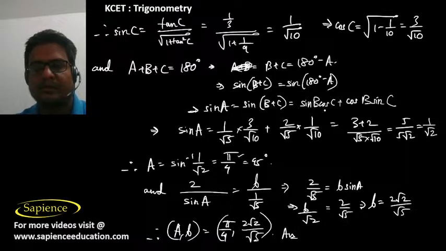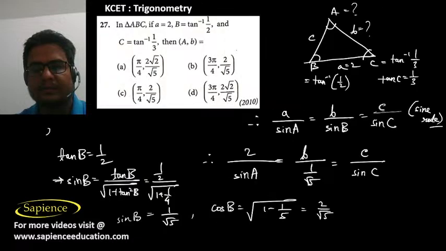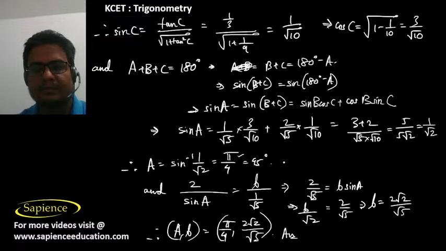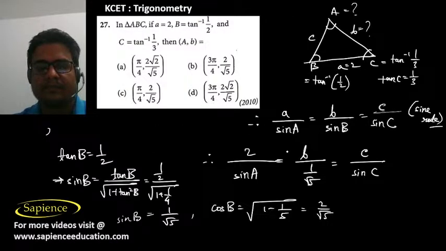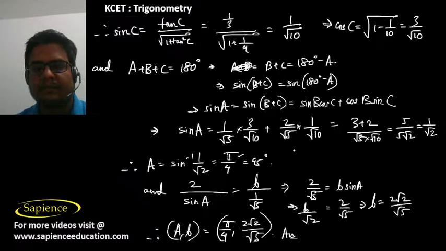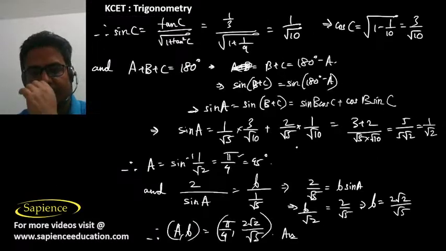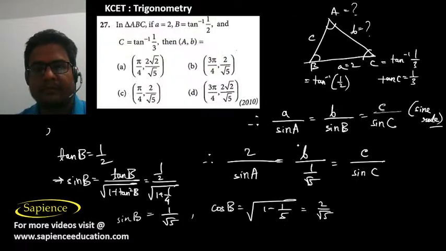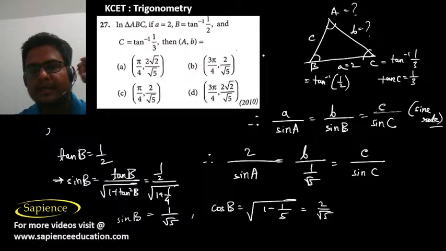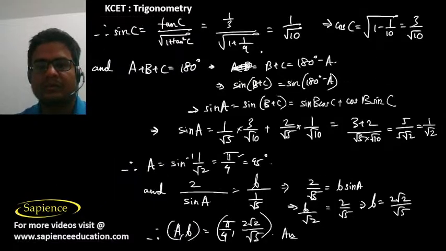So here, what you want to say, okay. Sine A, actually here A we have found. Actually here tan A should be negative.